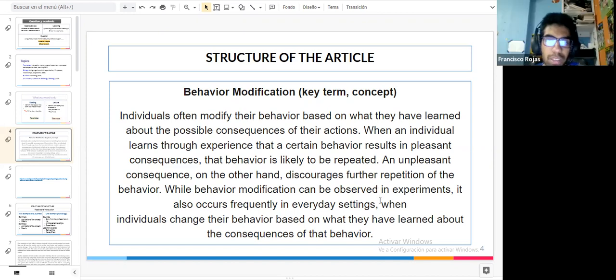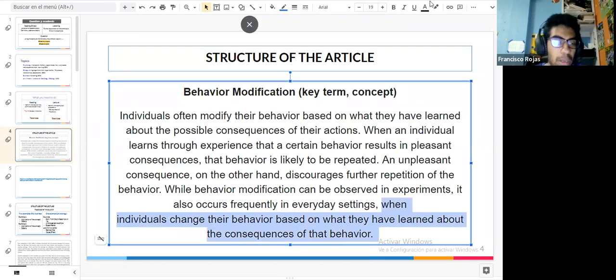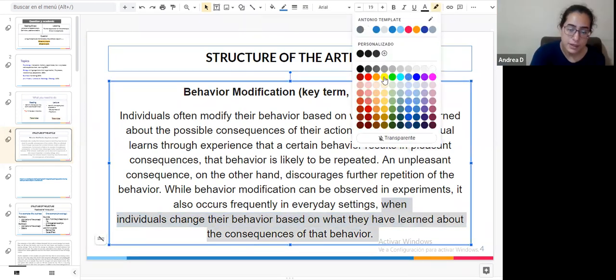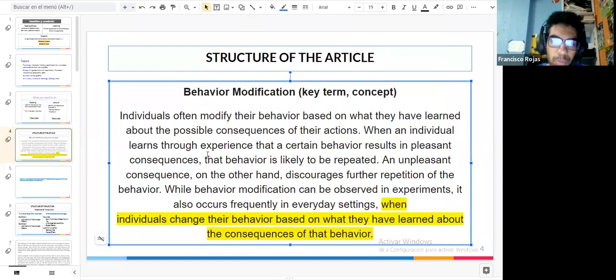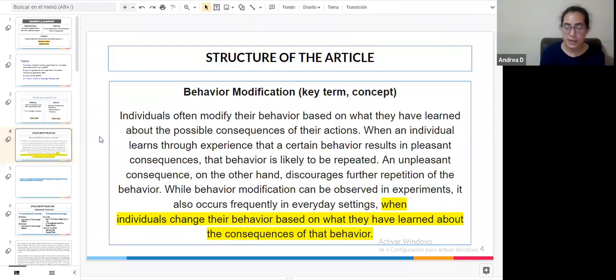Learn from experiences. Okay, that's great. Yeah, we can say that. So you guys are right. So it's when somebody changes their behavior based on experience, based on what they have learned about the consequences of that action.